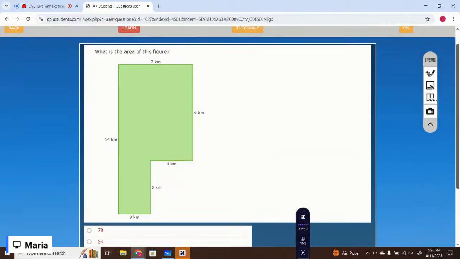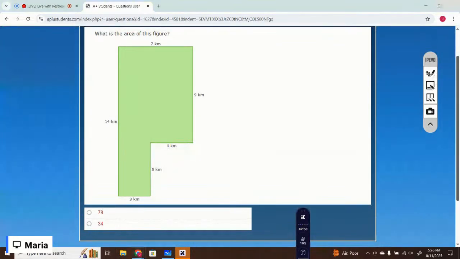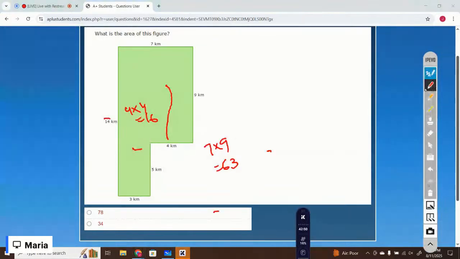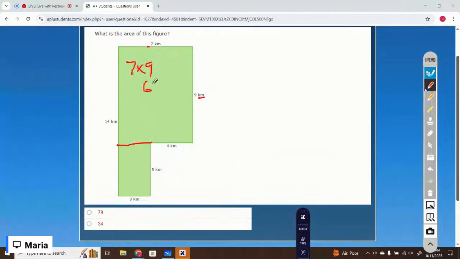What is the area of the figure? That is 7 times 9. That is 63. 5 times 3 is 15.